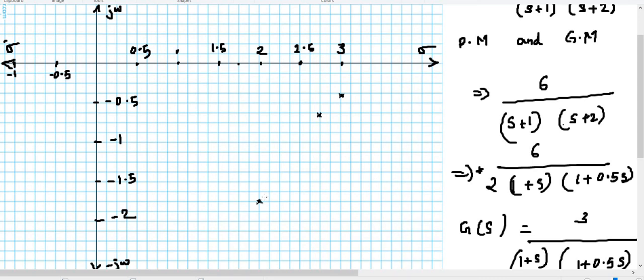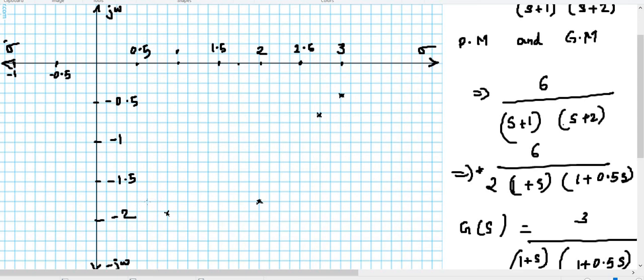Now the next coordinate is 1, minus 1.89. Corresponding to 1, that is 1.89. Now the next value is 0.6 and minus 1.8.